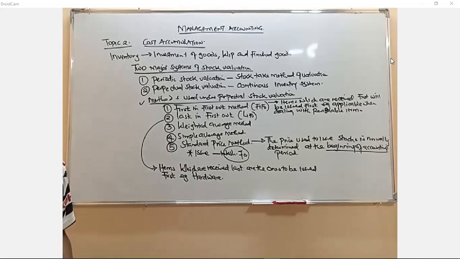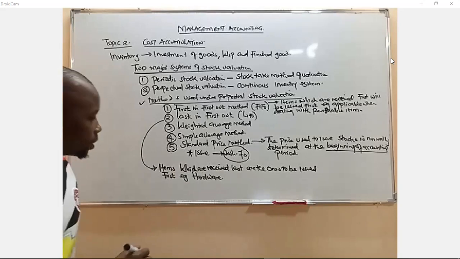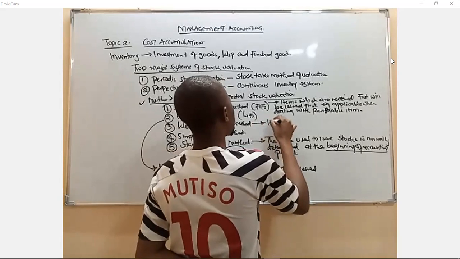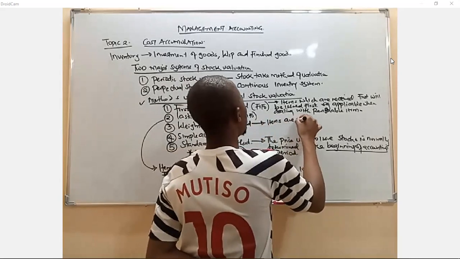What about the weighted average stock valuation? In this method of stock valuation, we talk about items which are issued based on the weighted average prices of the items existing in the inventory.